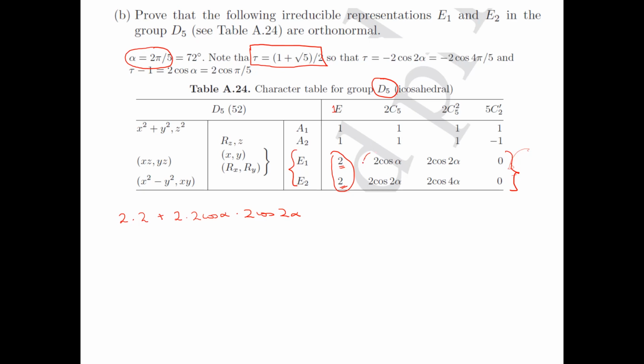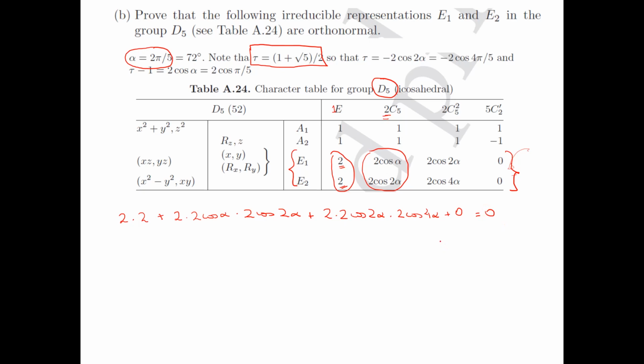Right, this is a multiplication of these 2 numbers times this one, plus 2 times 2 cosine 2 alpha times 2 cosine 4 alpha, plus 0 equals 0, must be equal to 0.